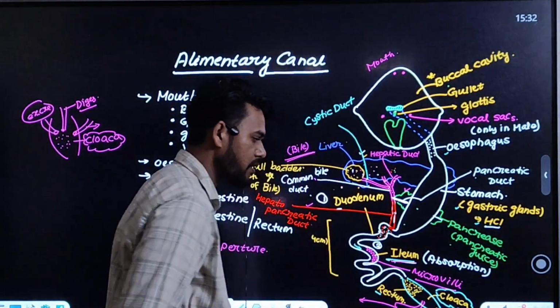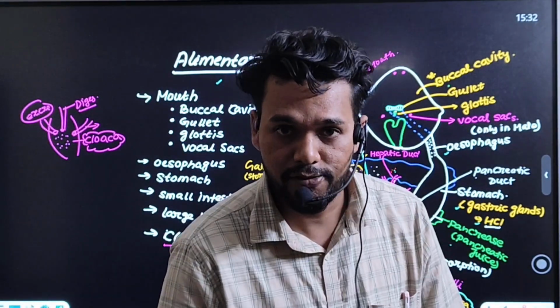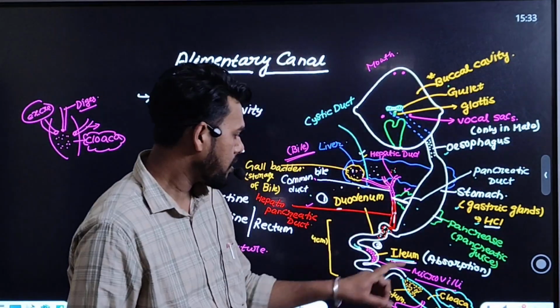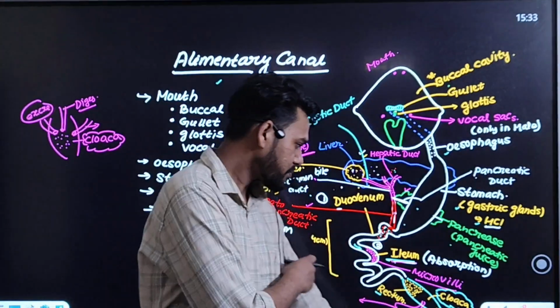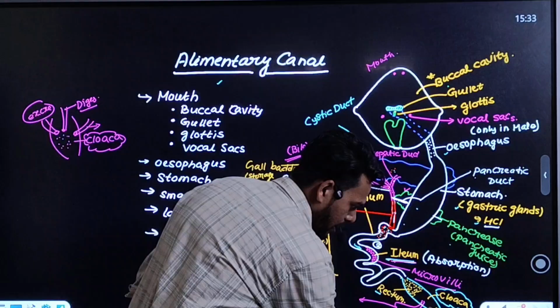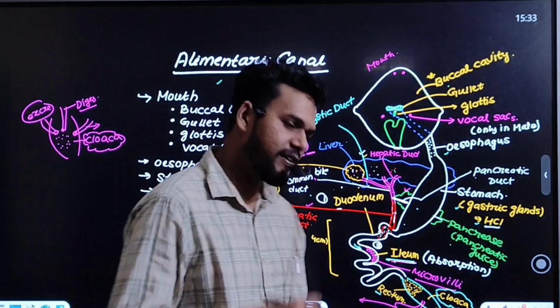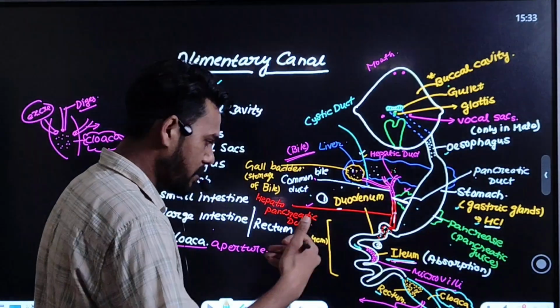It is the common chamber for reproductive, digestive and excretory functions. The cloaca opens through the cloacal aperture, through which fecal matter is excreted.